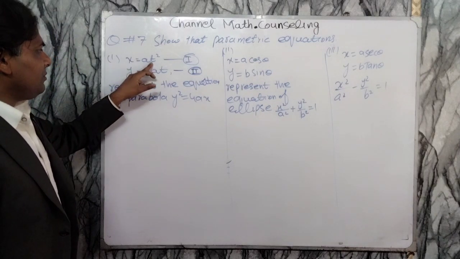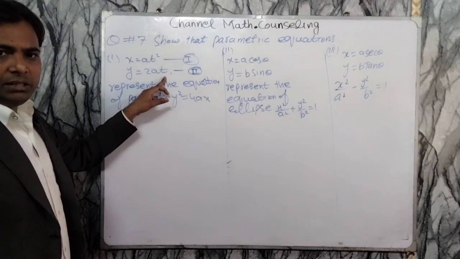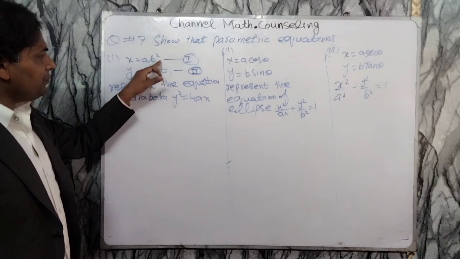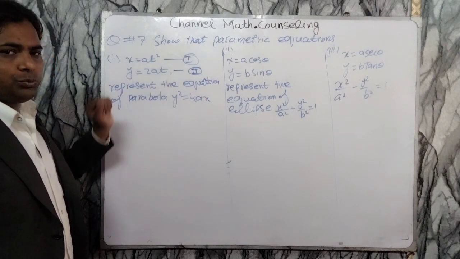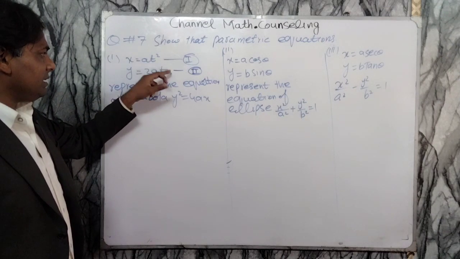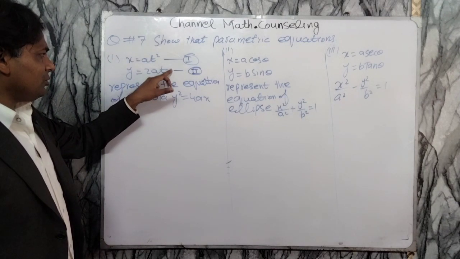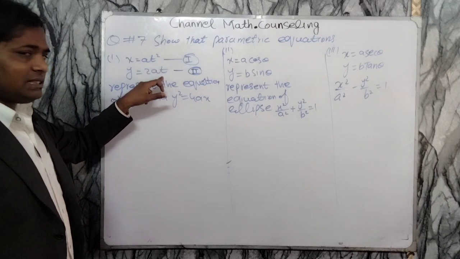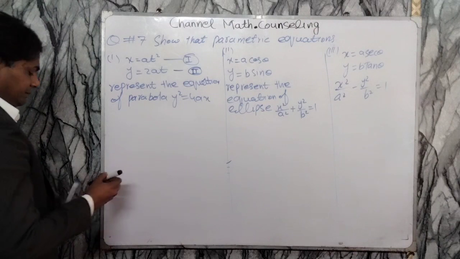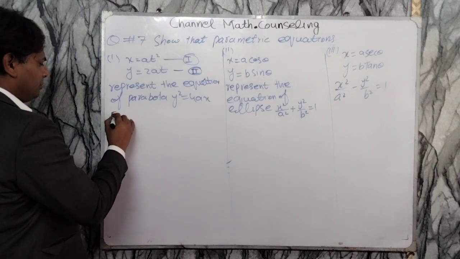Here there is t square, here there is t. So I think it's easy to get the value of t from equation number 2, because here there is the square of t and here there isn't, so it's easy from equation number 2.